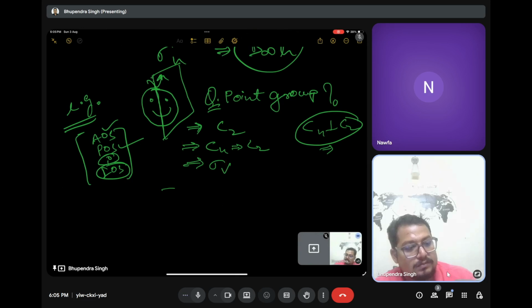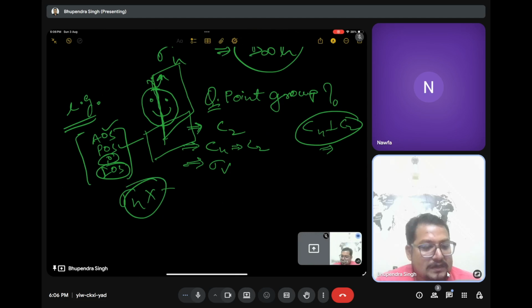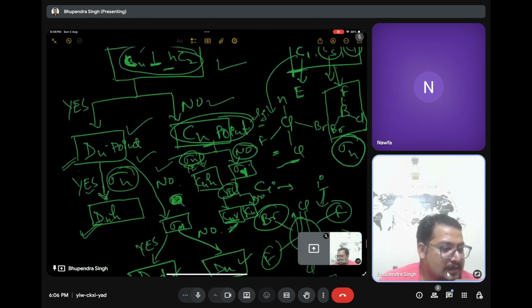This is your perpendicular plane to C2. You will not go to the similar equivalent orientation of the emoticon. So sigma h is not there. So that condition is also gone.